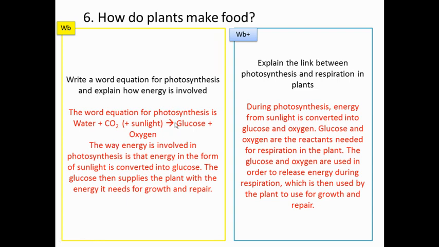So the way energy is involved in photosynthesis is that energy in the form of sunlight is converted into glucose, okay? The glucose then supplies the plant with the energy it needs for growth and repair. Okay, so the plant takes the energy from the sunlight and turns it into a form that it can use for growth and repair. And then explain the link between photosynthesis and respiration.